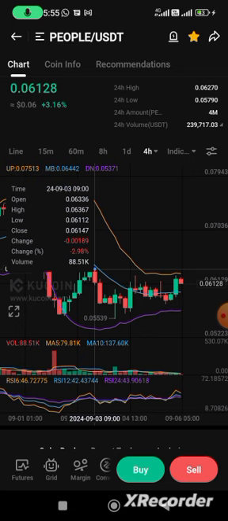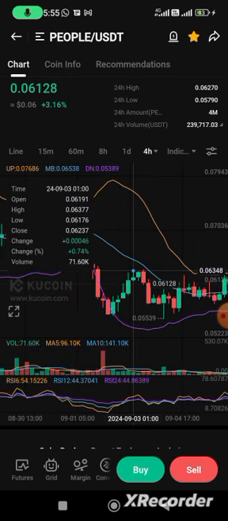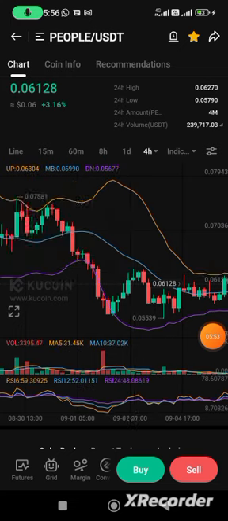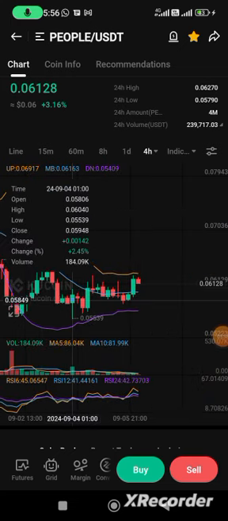Okay, it stopped at 6348. You can see it, 6348, this price there. It stopped at 6348. Then it fell down to 5849.